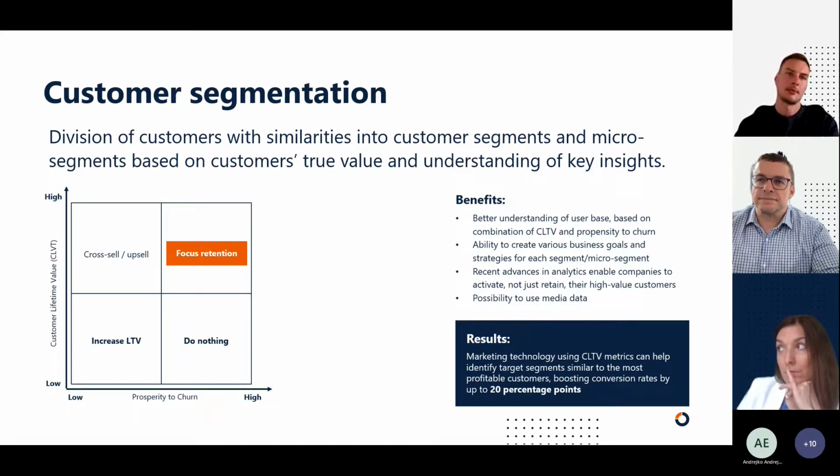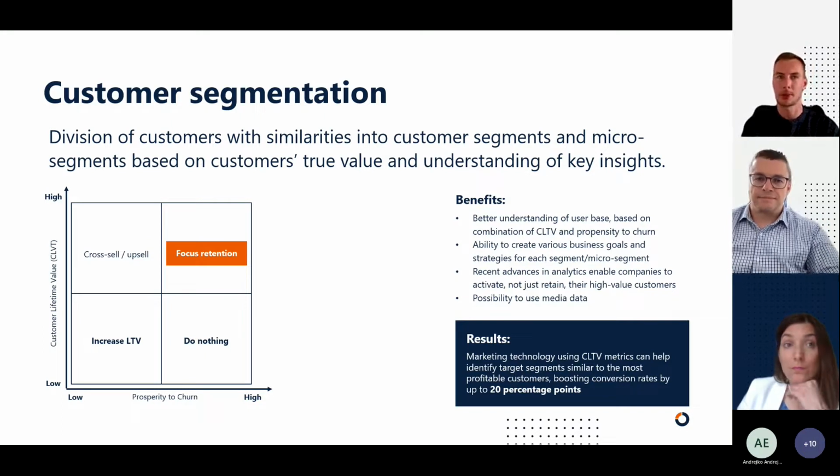The next segment is the high CLTV and low propensity to churn. These are your most loyal customers who come to you repeatedly and continue purchasing. Your goal there is to keep them engaged, and maybe try to offer them some cross sells and upsells so that they spend even more with you.